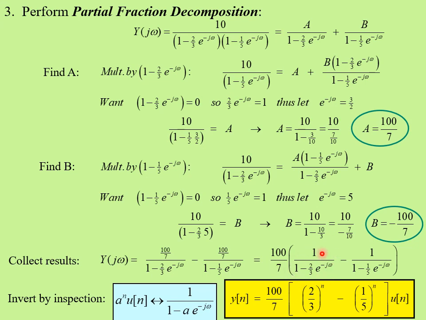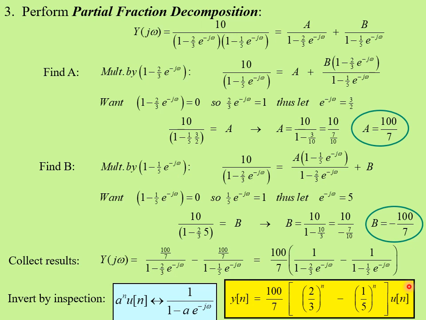This term here gives us 2/3 to the n. This second term here gives us 1/5 to the n. Remember, there's a minus sign between them. And then, of course, both of these are multiplied by the step function. So here is the output of this system for that input that was given to us.